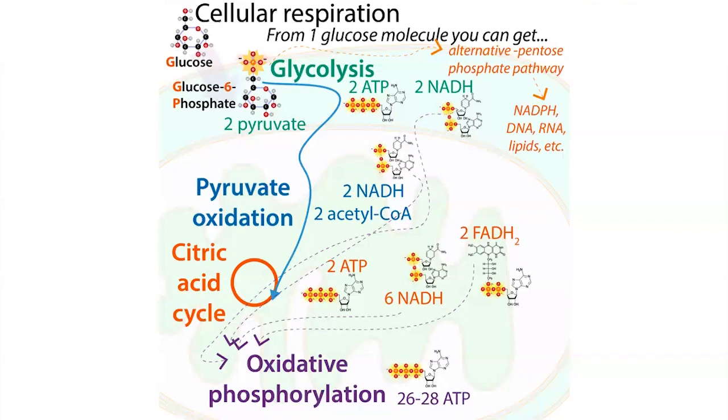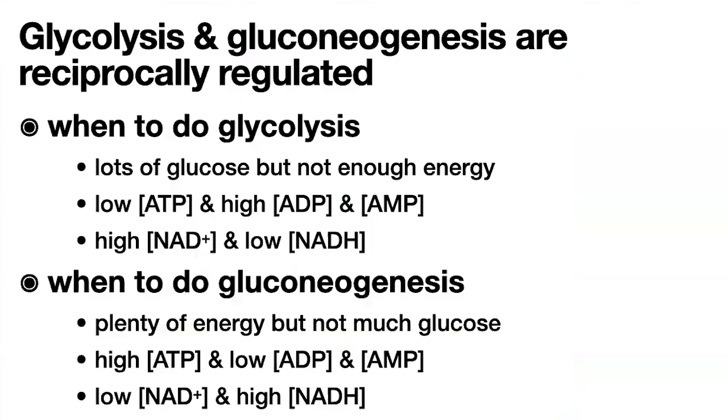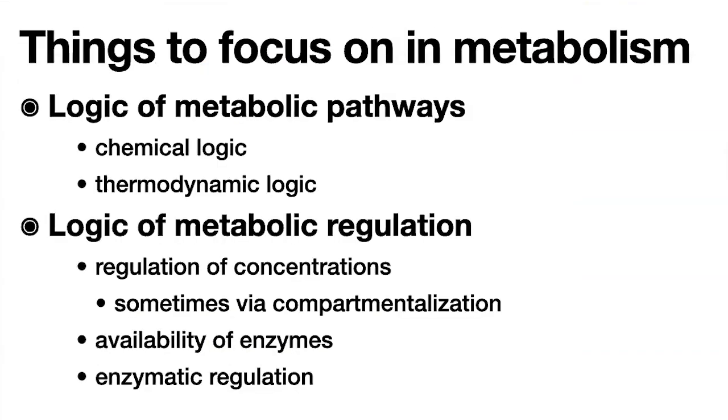So how are we going to decide what we're going to do when? This gets back to thinking about the principles of metabolism. This is one of the key things that I want you to focus on. For your final, a lot of the emphasis is going to be on regulation and thinking about when a cell would want to do what.